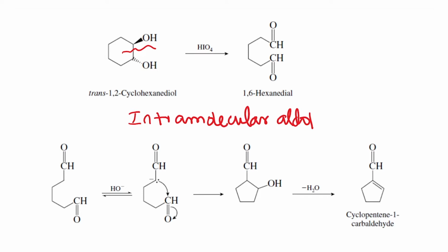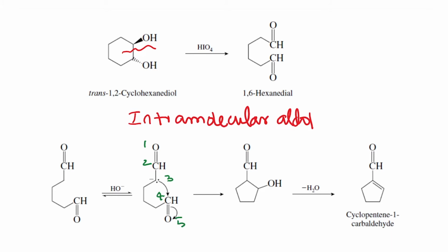So you can propose that this will form the enolate. This is actually the carbanion, shown here just for convenience, but it would exist in the enolate form. And then there's an intramolecular attack that can happen. So let me just number these carbons so that it's easy for us to follow. So this is 1, 2, 3, 4, 5.